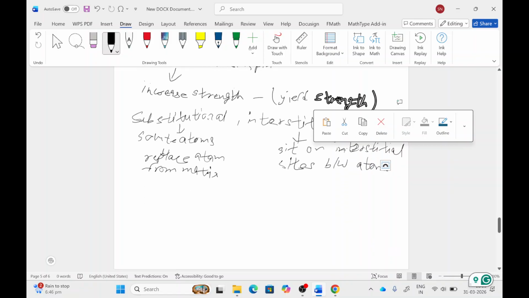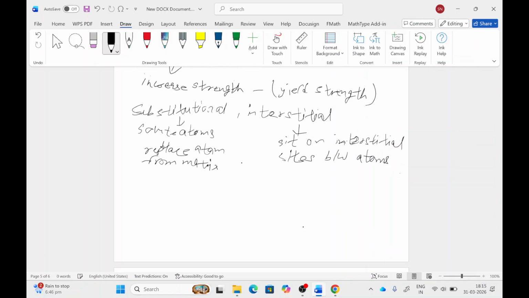The stress fields generated by these two, substitutional and interstitial, are different. The substitutional solid solution generates a spherical distortion or stress field.